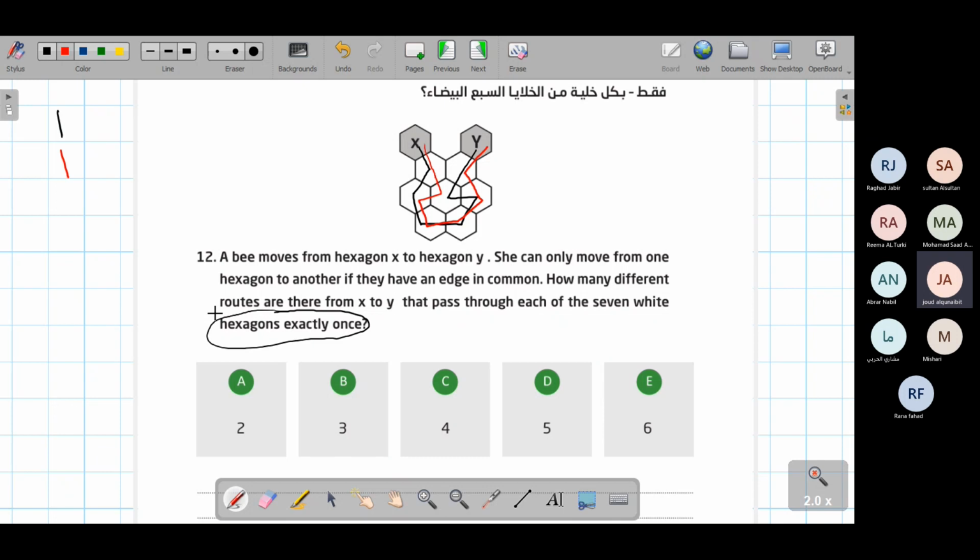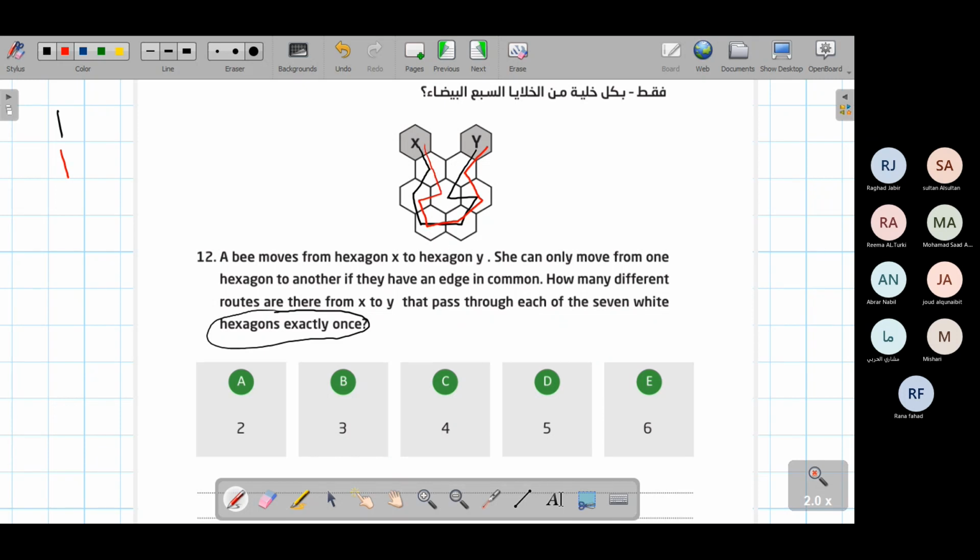Why should we do it 2 times? No, not 2 times. It is different times. Not the same route, a different route. Because look at the black route: I go to this hexagon, then to that one. But in the red route, I go to this one, then directly to that one.